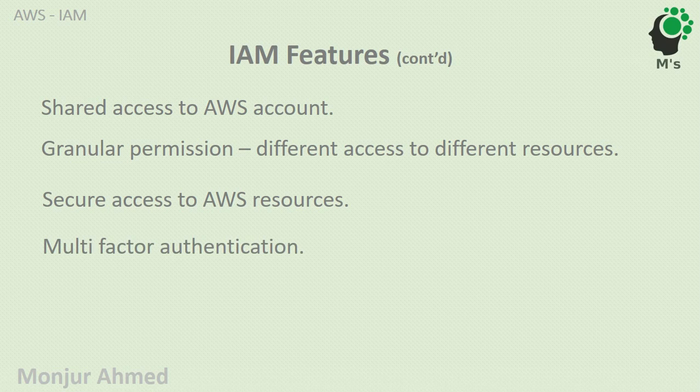And by using IAM, we can also achieve multi-factor authentication, where we can use more than one way to authenticate some users. For example, let's say you are logging into your email account, and when you enter your password, the email system sends a code by text message to your mobile.